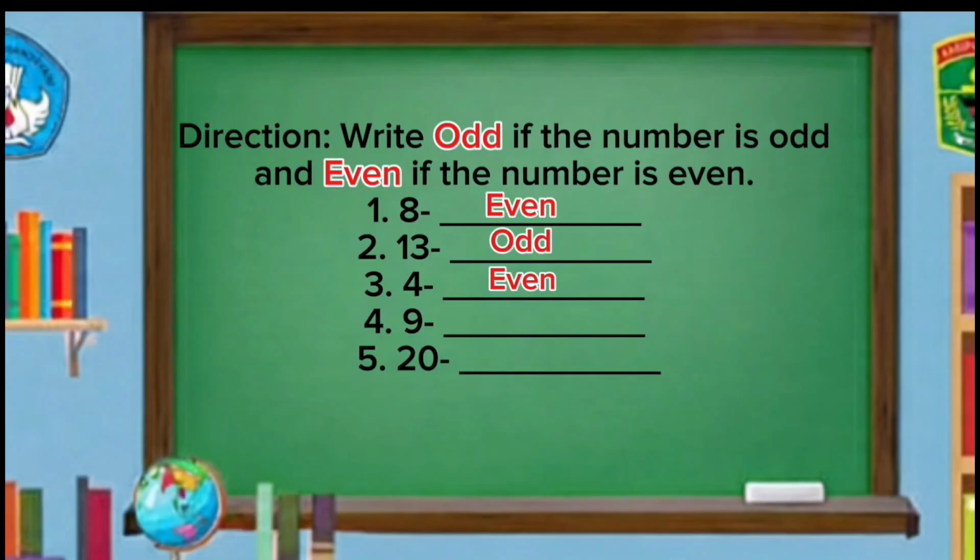Number 4, 9. 9 is odd because it has a remainder. Very good. Number 5, 20. 20 is even. Very good because it can be paired or it can be divided by 2.